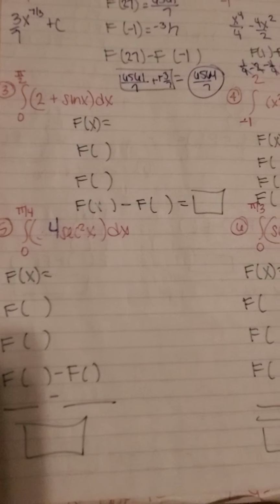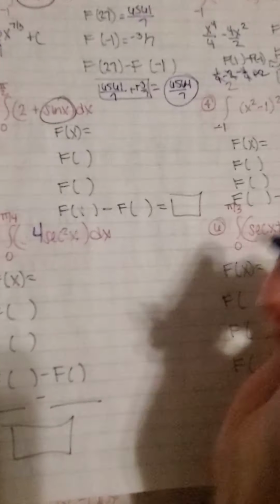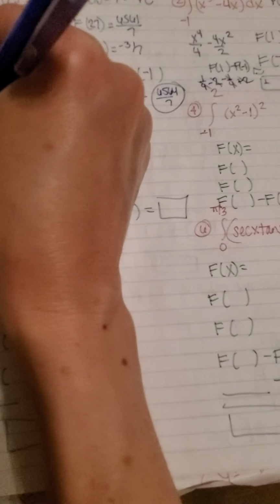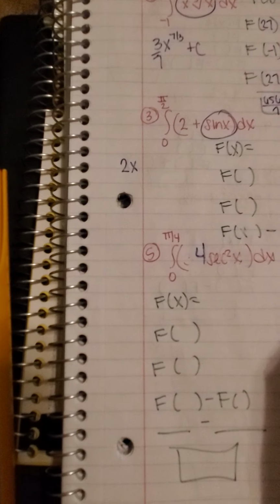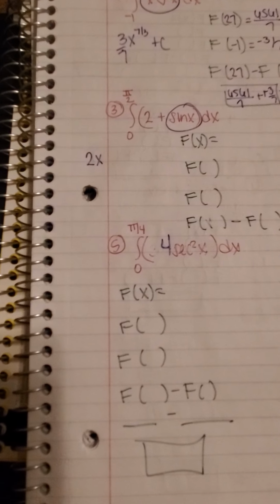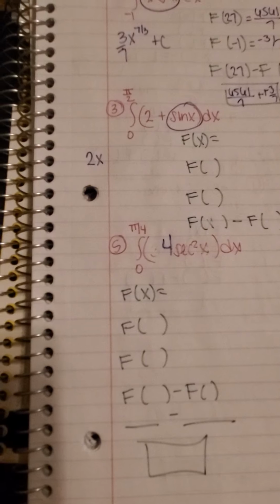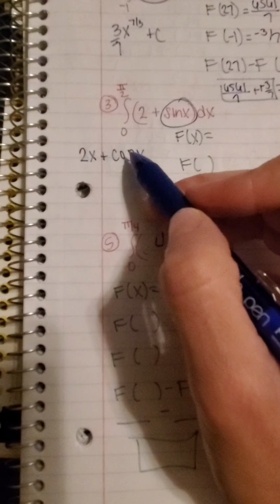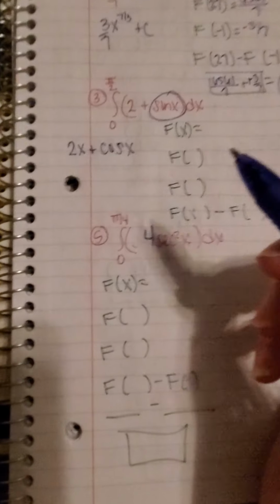If I look at the next one, it tosses me into some sine. I think to myself, integrate 2, that's easy, 2x. If I want to wind up with sine, I would have to start with cosine, right? The derivative of cosine of x is normally negative sine of x, but it says it wants a positive sine.